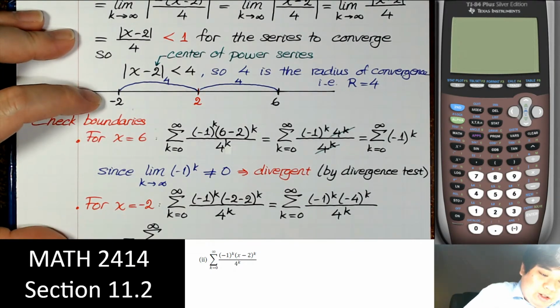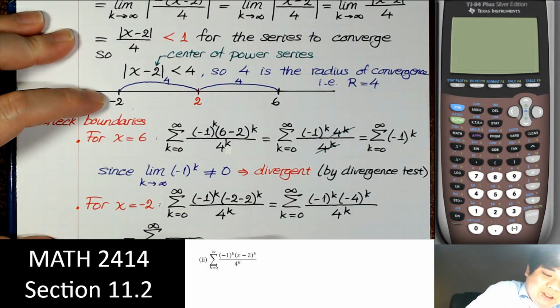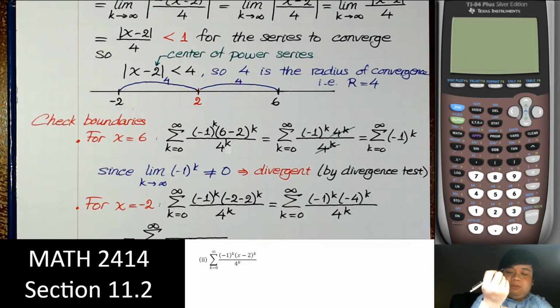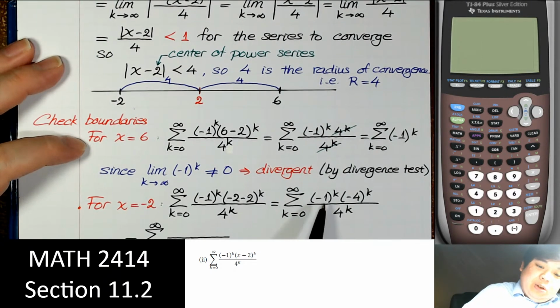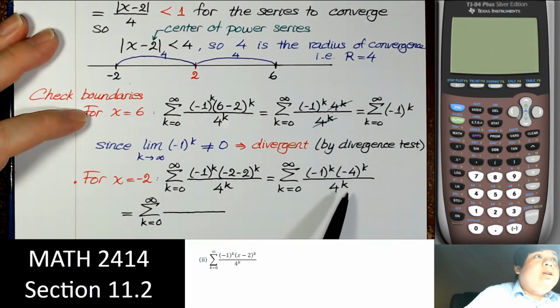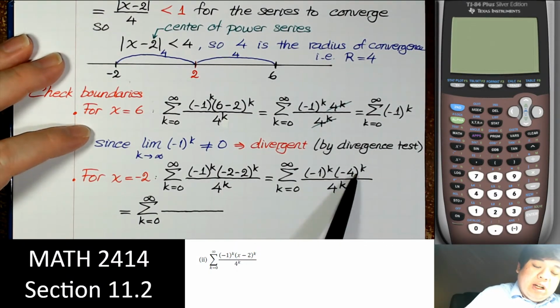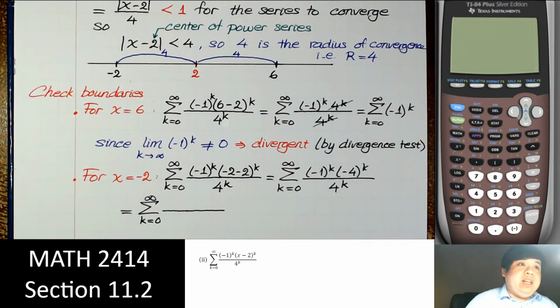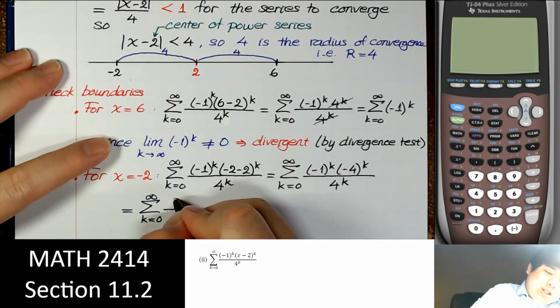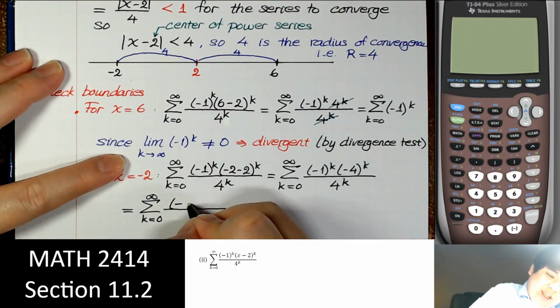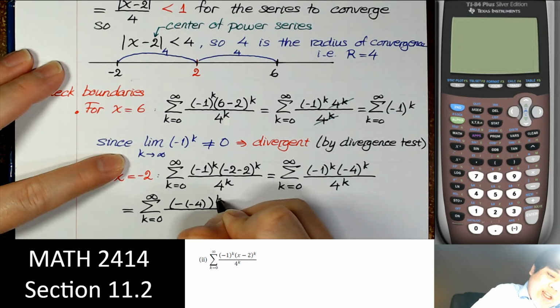It's not a form, don't worry. So -1 and -4, both of them under k power, so actually we can bring everything inside the k. We don't need to do that, just do that for the top. Just bring the negative and then the -4, all of them inside k, right?